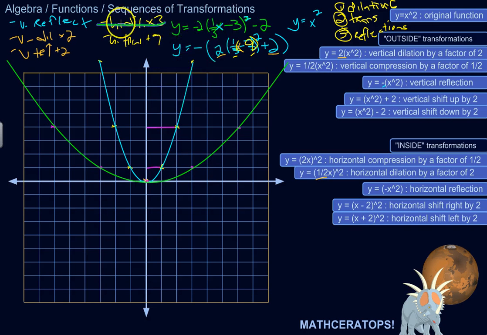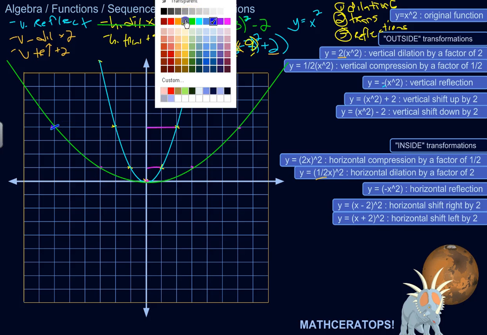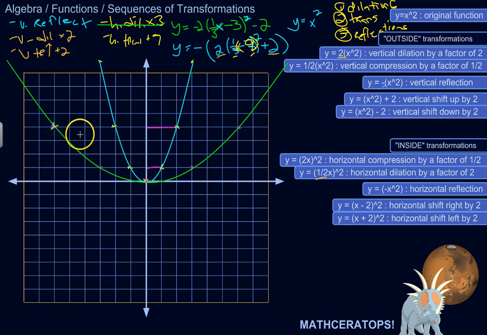Let's cross that off. Let's do our vertical dilation by a factor of 2. These points are easiest to see. For vertically dilating by a factor of 2, we take these distances from the x-axis, 1, 2, 3, 4, and multiply them by 2.